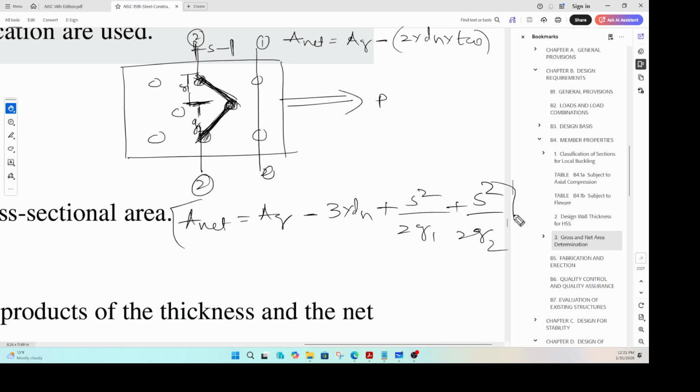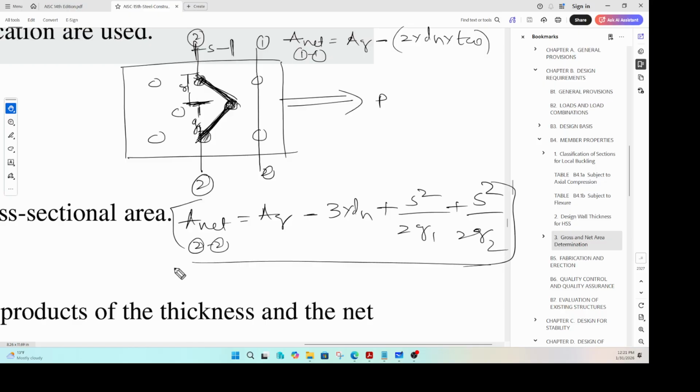Okay, that's how you compute your A net. Once you compute your A net along section 1 1 and along section 2 2, then you figure out which one is the least, and then you can run your numbers accordingly.